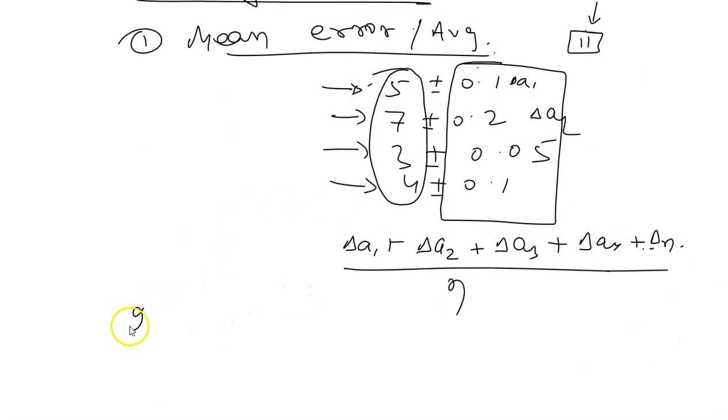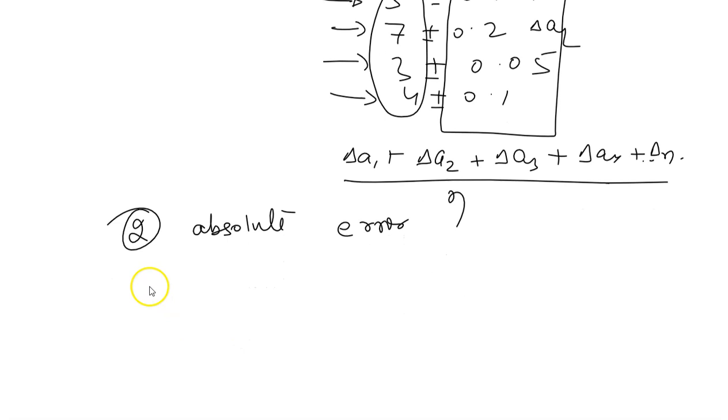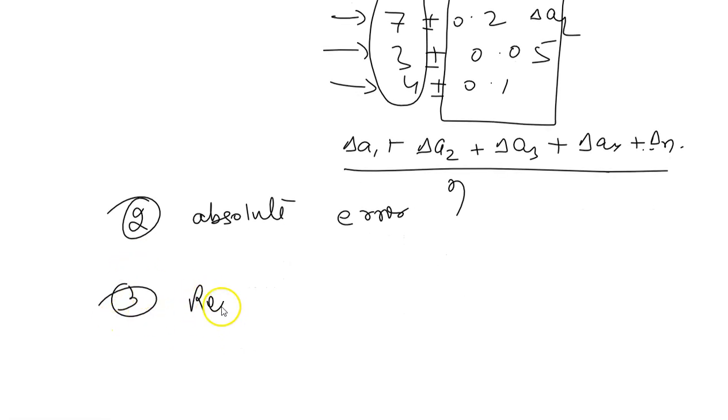Next is absolute error, and then we have number 3, relative error. So relative error we have already discussed. What is relative error? Error with respect to its value.